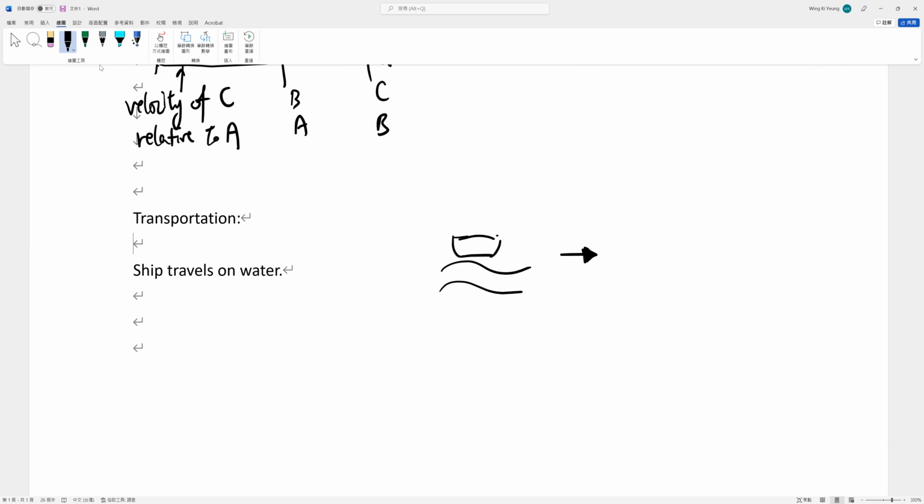So if you also want to move to the right, then it's easy. Even if you do not do anything, the ship will still go to the right. But if you want to go to the left, then you need to put in more effort. And the speed of the ship should be larger than the speed of the water, so that you can move to the left. Otherwise, you can never go to the left. So it's some concept about the relative motion here.